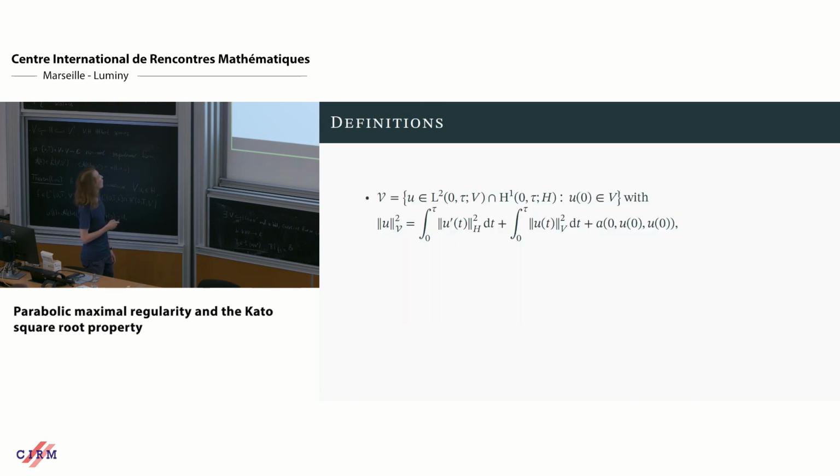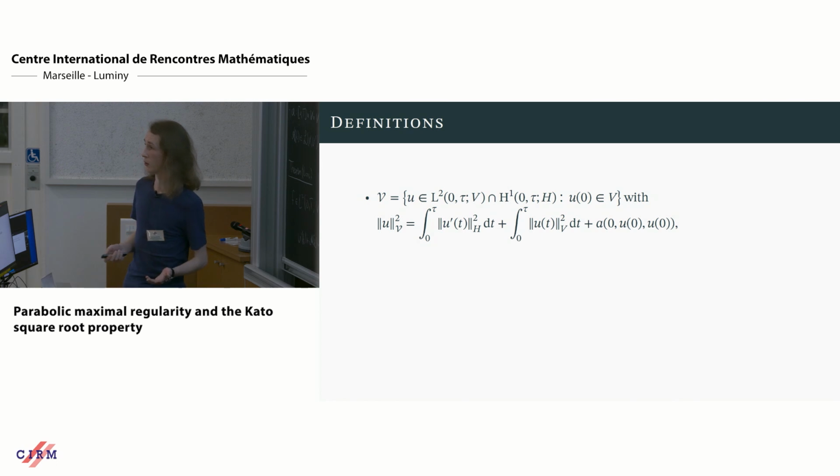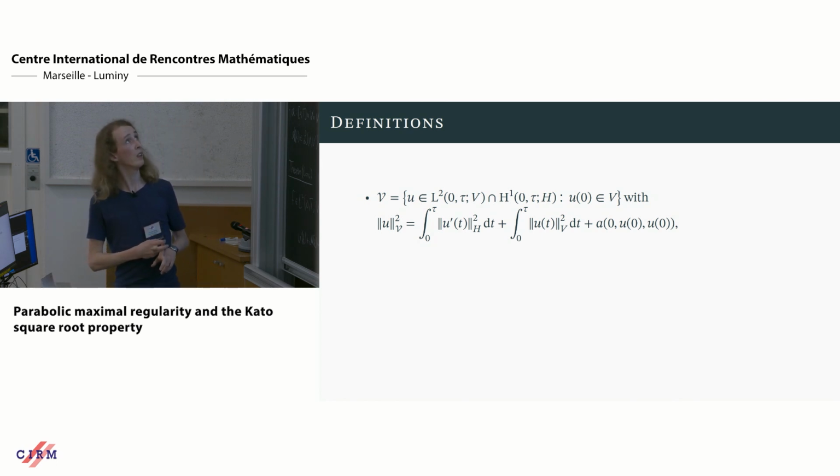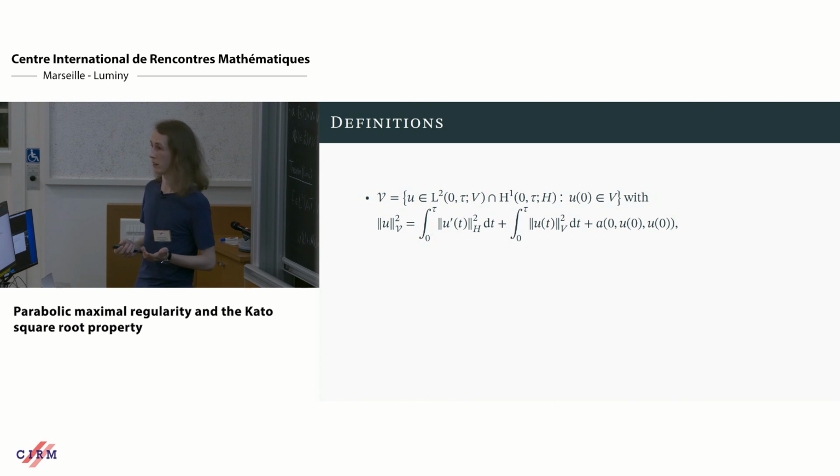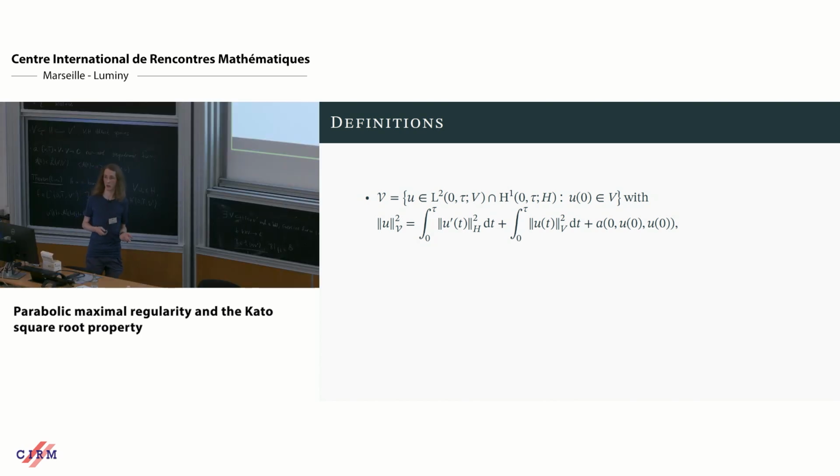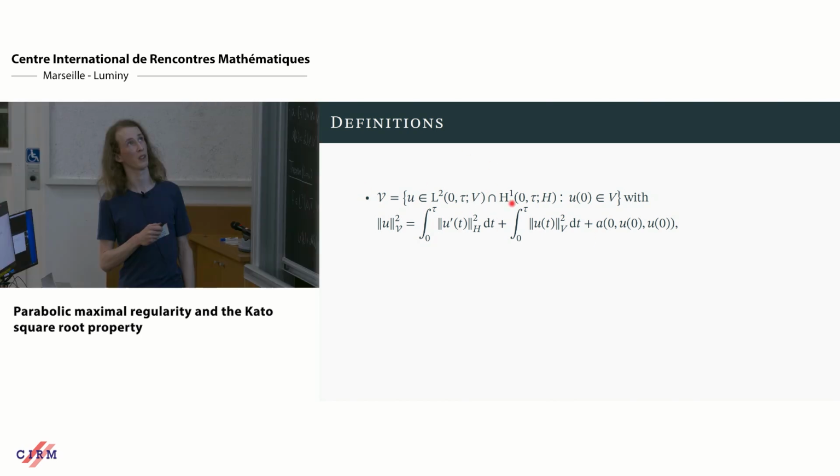So first thing, the definitions, how to define V, W, E, and L. Well, V is the space this U will be in the end, and U is supposed to be our solution. So V must be our space of maximal regularity, L2 with values in V intersected with H1 with values in H. We need U of 0 to be in V. So we take a sort of canonical norm.